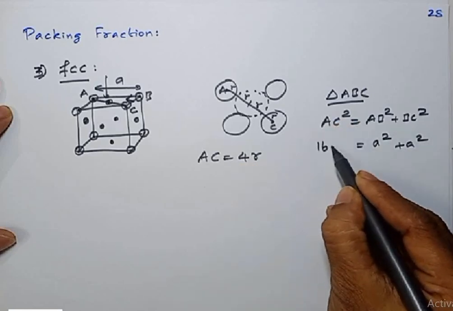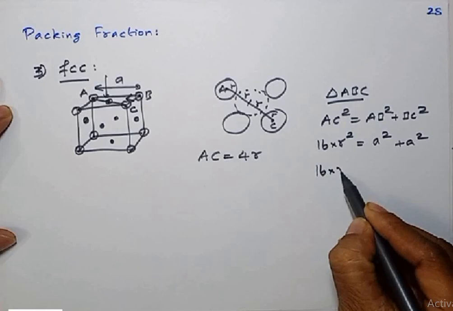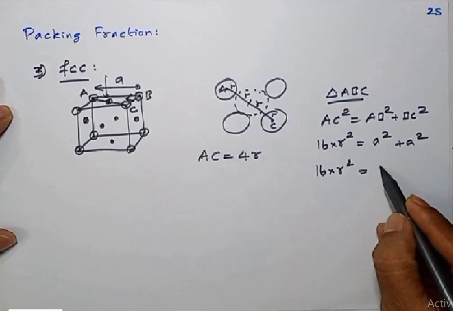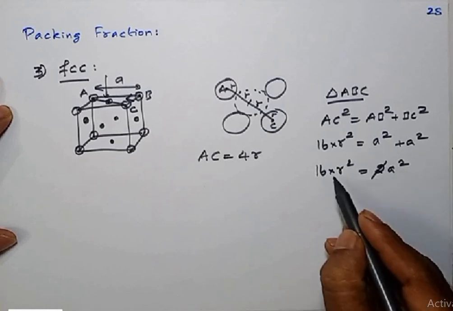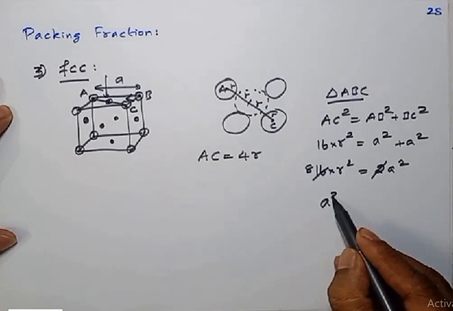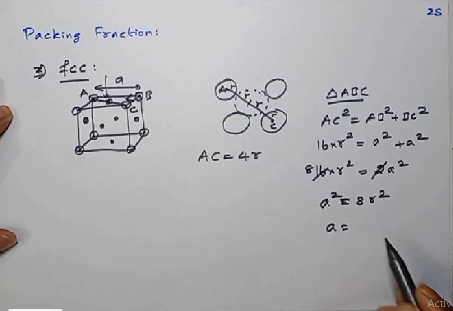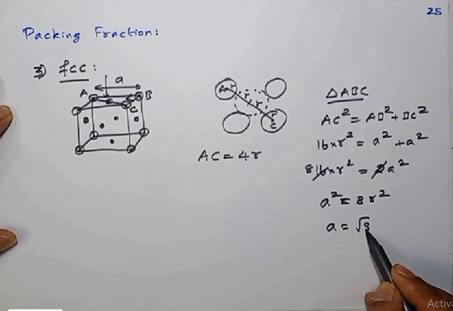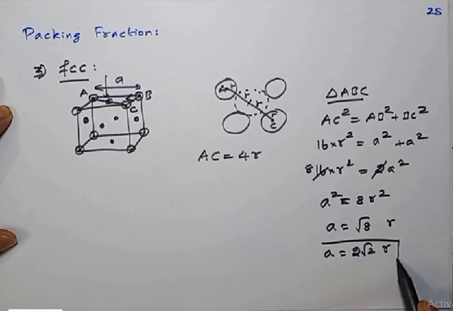So 4R square is 16 R square, and a square plus a square is 2a square. Therefore, 2a square equals 16R square, so a square equals 8R square, or a is equal to square root of 8 into R, or 2 root 2 into R. Take down.